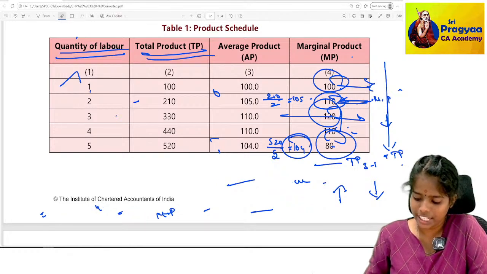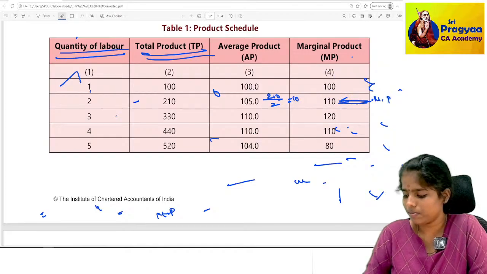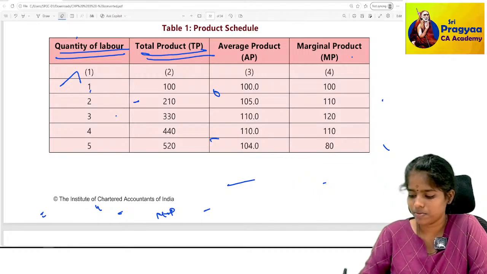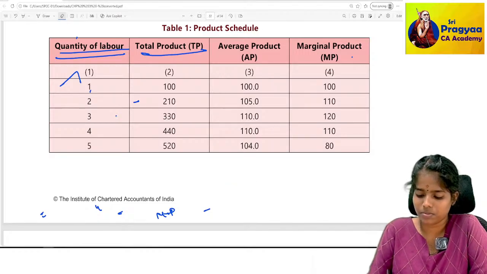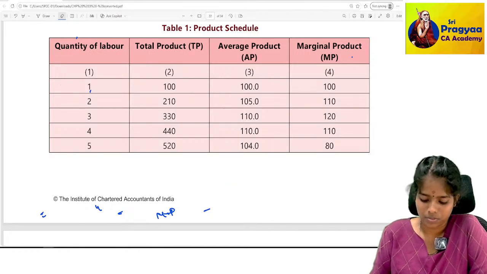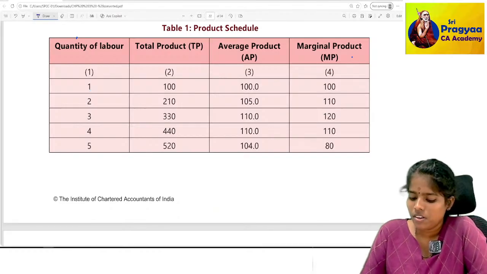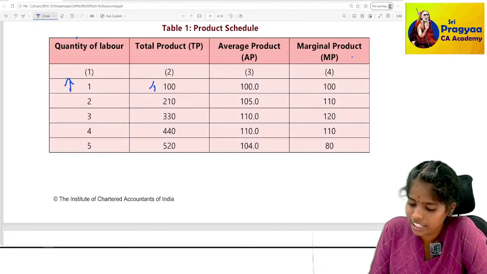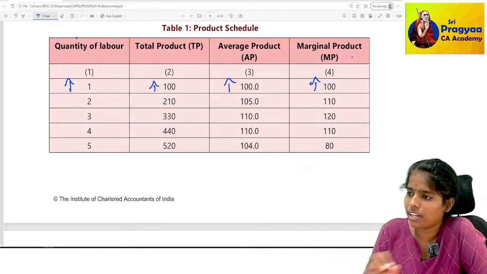Now we will see the relationship between average product and marginal product. Input is increasing, total product is increasing, average product is increasing, marginal product is also increasing.